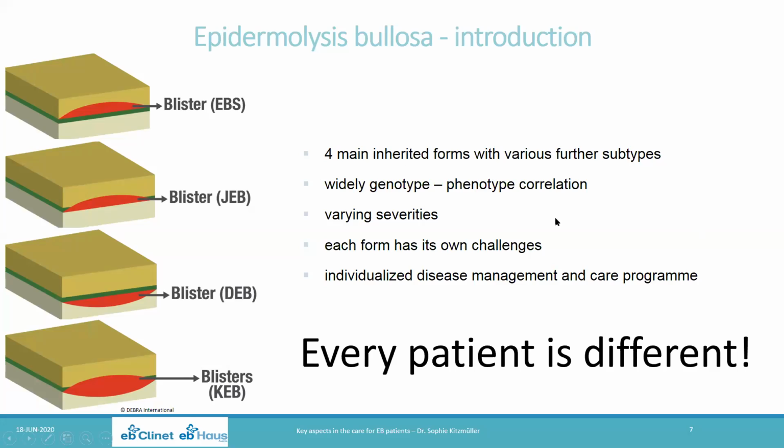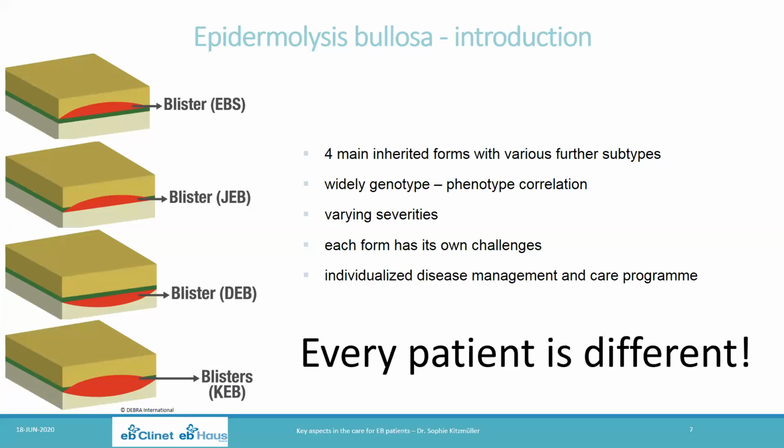There is a certain type of so-called genotype-phenotype correlation, which means there are certain mutations that we know that have a more severe disease outcome than others. But still, there are, as I've said before, a lot of epigenetic factors that we don't know yet.